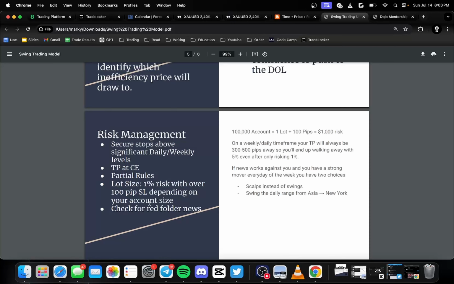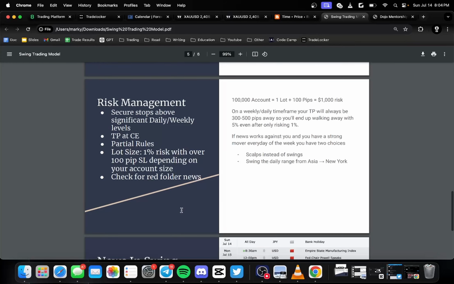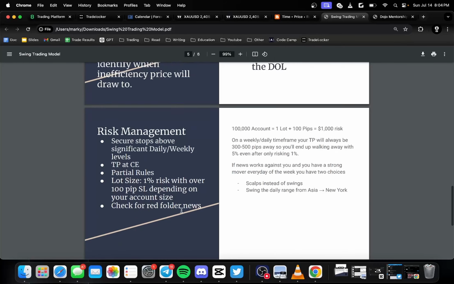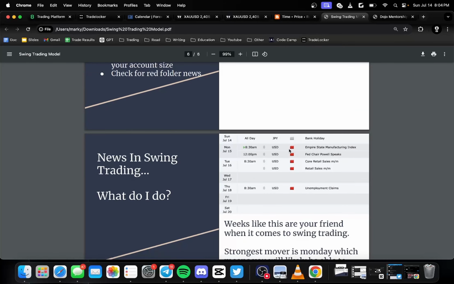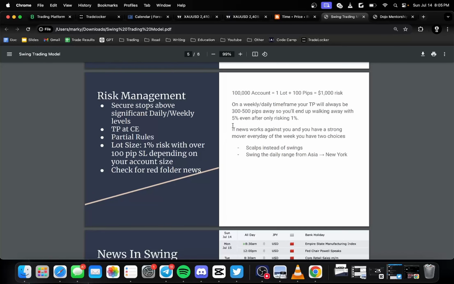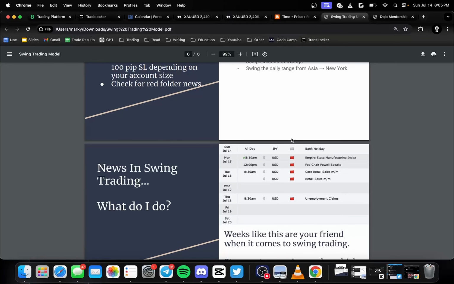And then obviously red folder news is one of the main things in the weekly range because that's what tells you whether you can hold it throughout the morning, from London session to New York session, if there's some morning news like this. Then if news works against you, what I'm basically saying is that there's some news that doesn't allow you to hold, from, say, Tuesday to Wednesday.